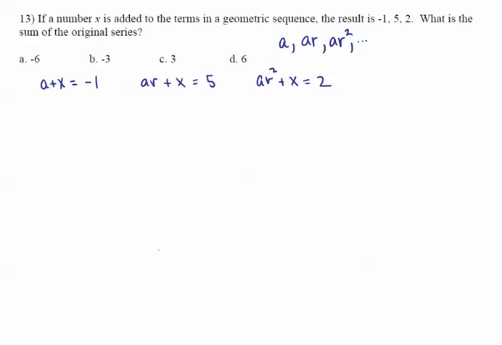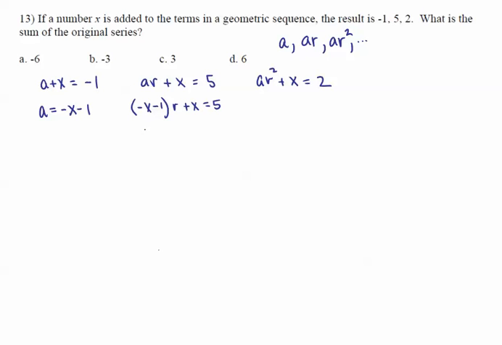So one way to go about this, and there may be many different ways of doing it, is I can solve for a in the first, and I would get a is equal to -x minus 1. With the second term, I can then substitute a for -x minus 1 times r plus x equals 5. And my goal here would be to solve for r in terms of x.